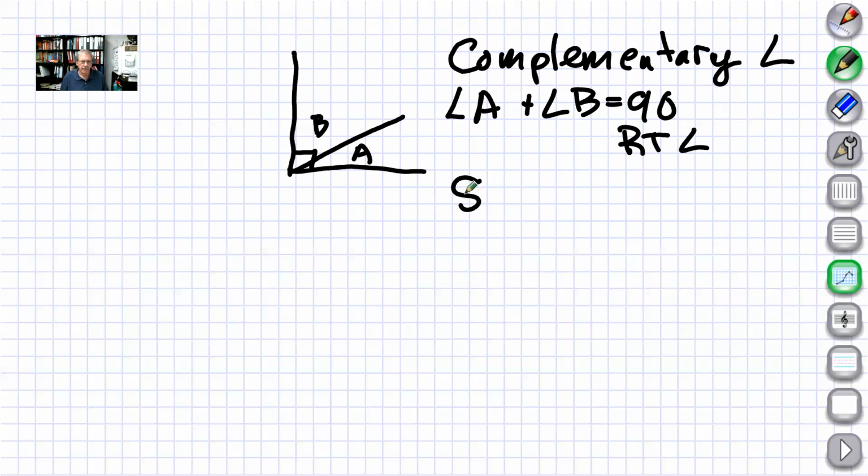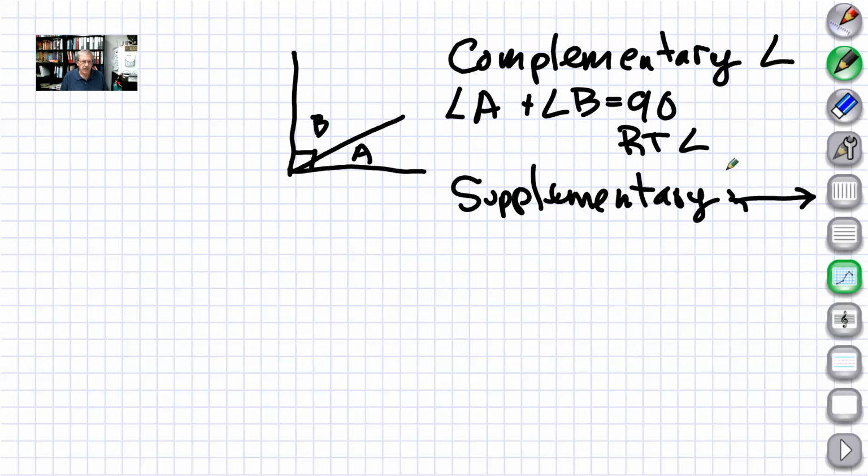Okay, supplementary, and you might remember this from geometry, or, you know, it's been a while. So supplementary angles are two angles that will add up to 180, and 180 is a straight angle.